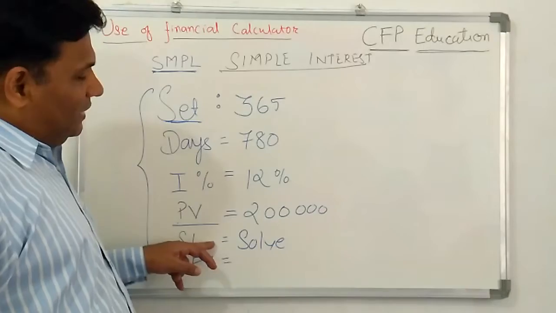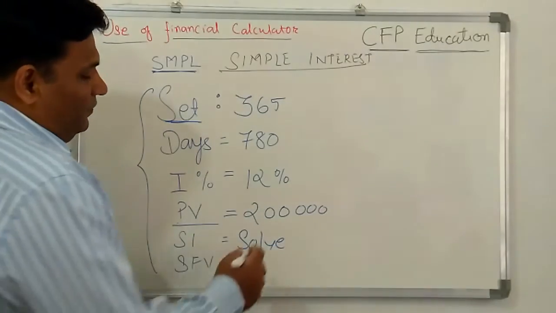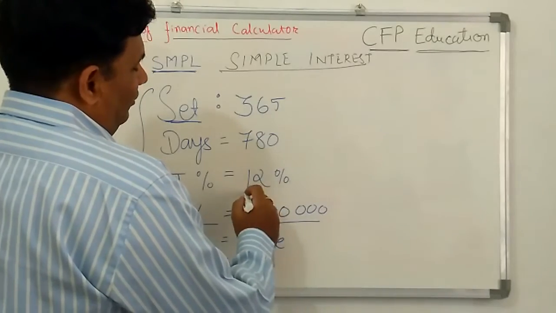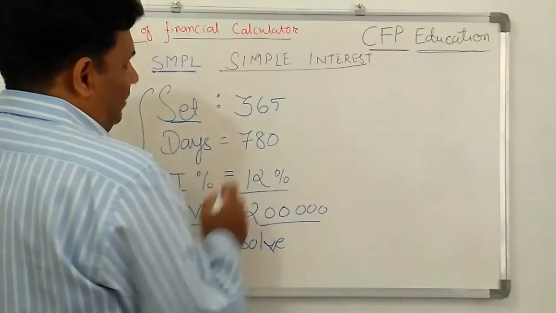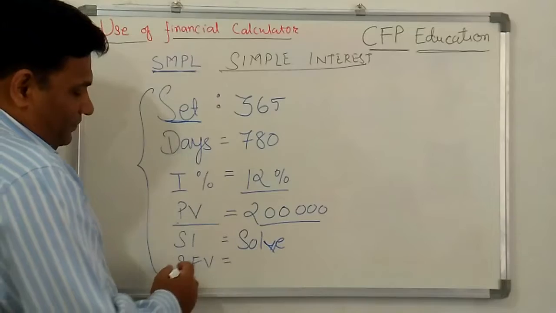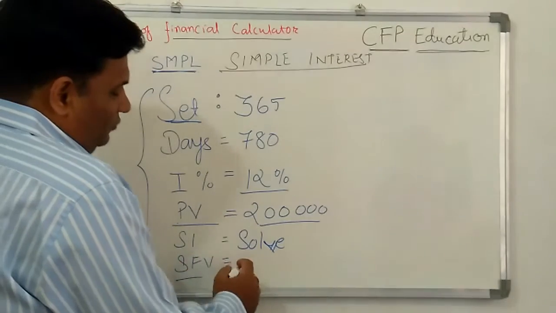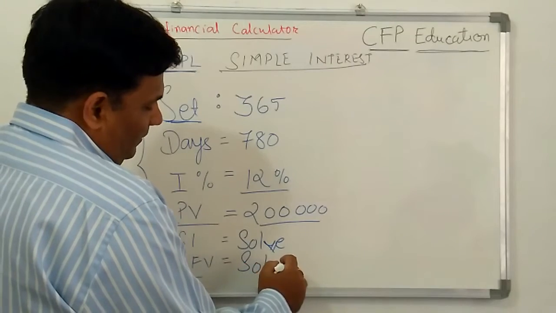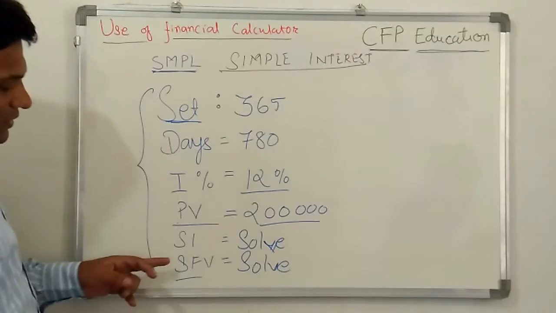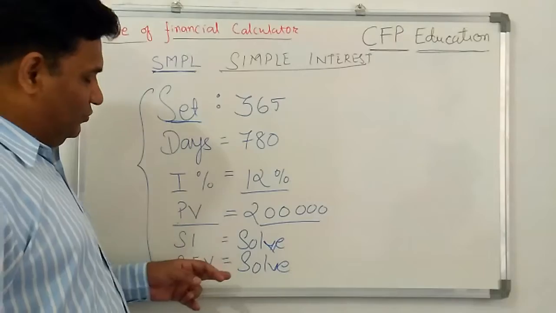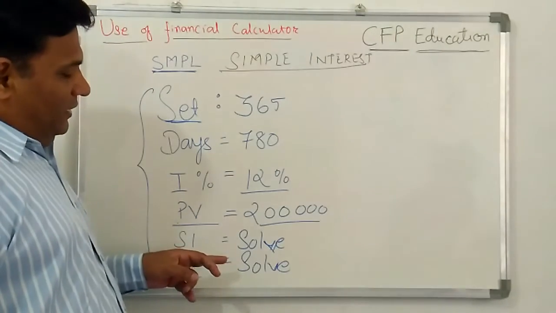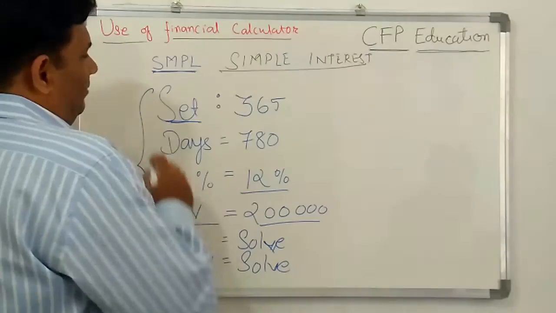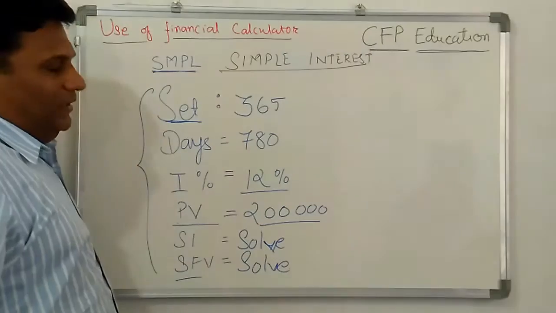So you get the interest, how much interest you got by investing 2 lakh rupees at the rate of 12% by simple interest. At the same time, if you click on the SFV button and go for execution, then you get the future value of your amount. So this way you can calculate simple interest.